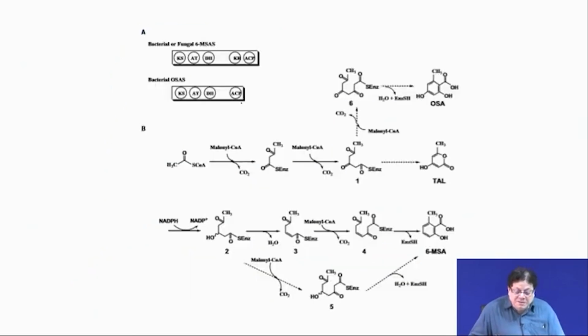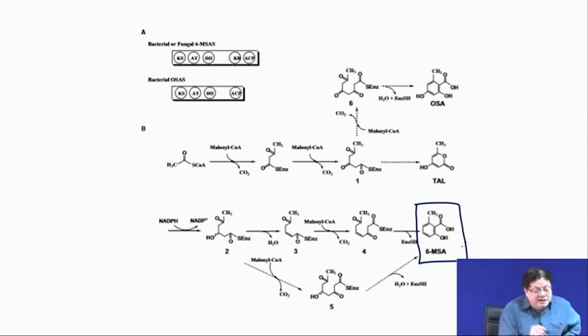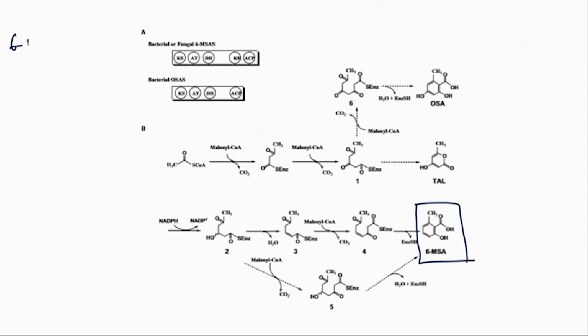Now, let us take a very simple compound to start with. We start with, suppose, this compound, 6-methyl salicylic acid, that is a natural product. It is one of the simplest polyketides. Okay. Now, what is the structure?